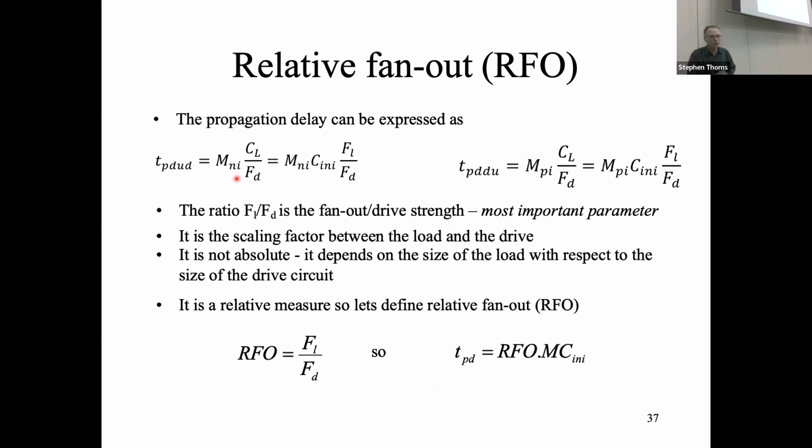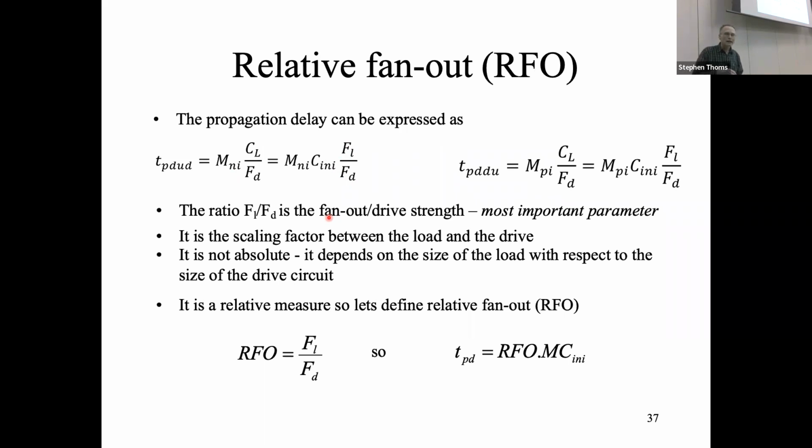We've got the capacitance of the load, and the capacitance of the load is simply the scale factor F for the load multiplied by the capacitance of the unit inverter. If we put that into the equation, we see that the thing that's really important is this ratio, F load divided by F drive.